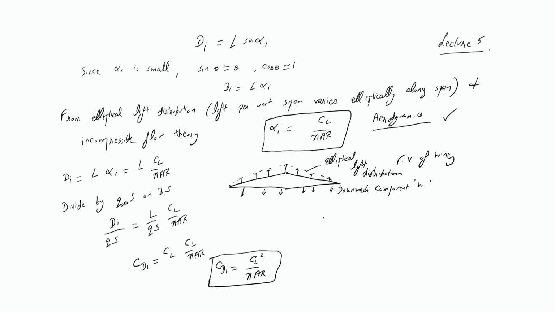But actually, because of losses due to interference effects or structural constraints, we never obtain an exact elliptical lift distribution. So we do not get an elliptical pattern.